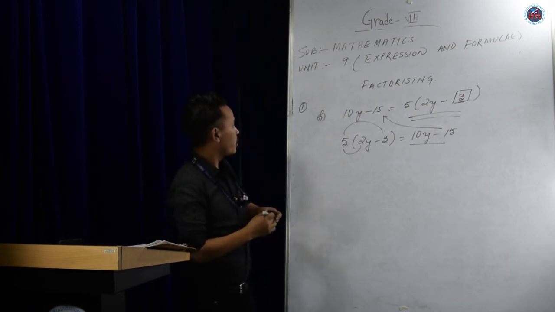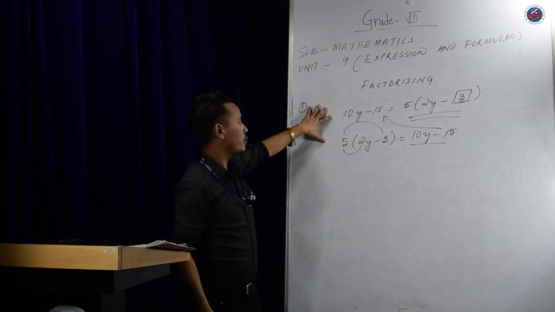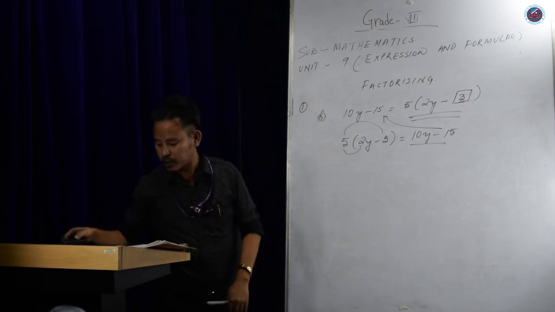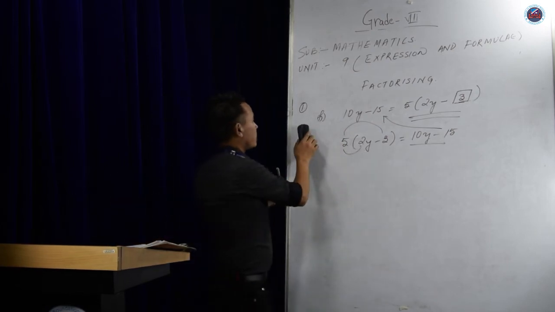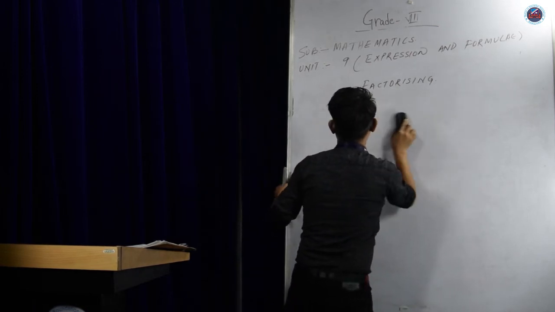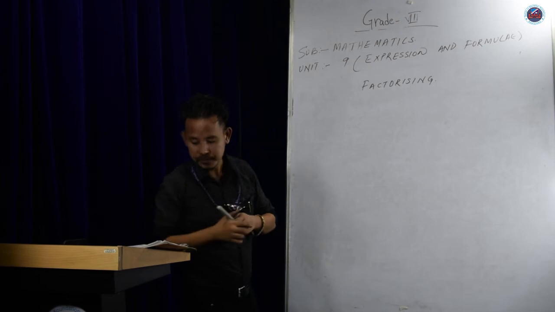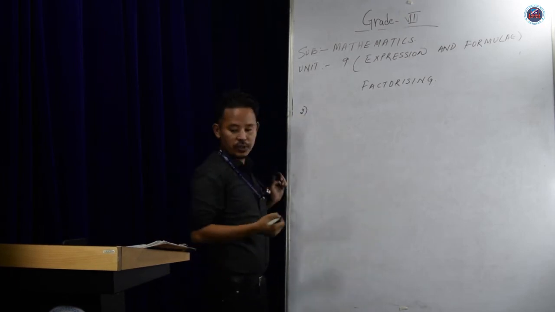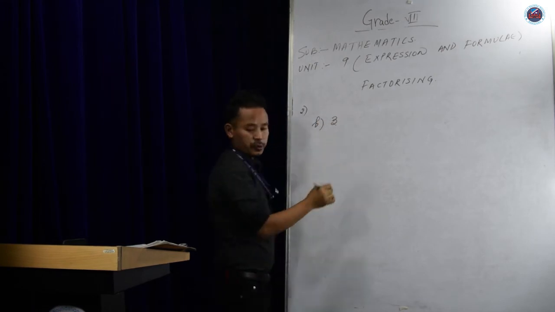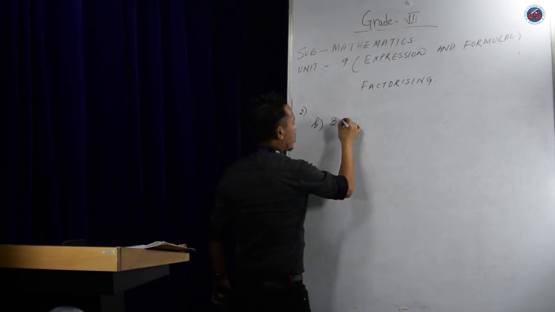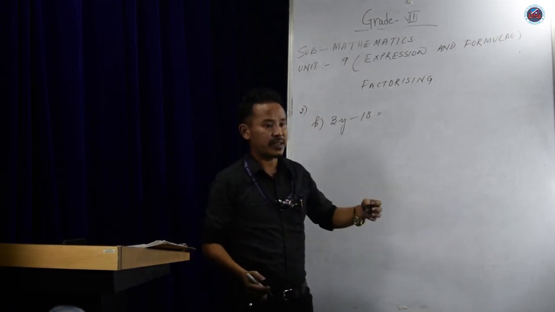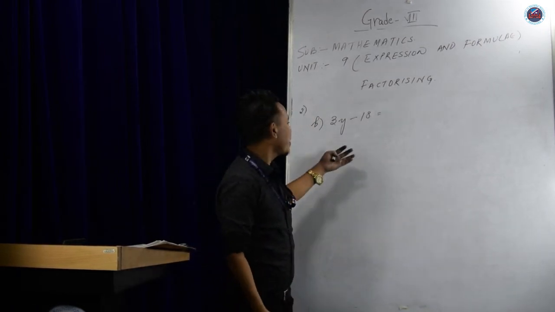Now, second way, in the second question, I have done one sum from question number 1. Simultaneously, I'll be doing one for question number 2. From question number 2, let me do B, 3y minus 18. It's very simple here again, just the same way as we have solved for question number 1.